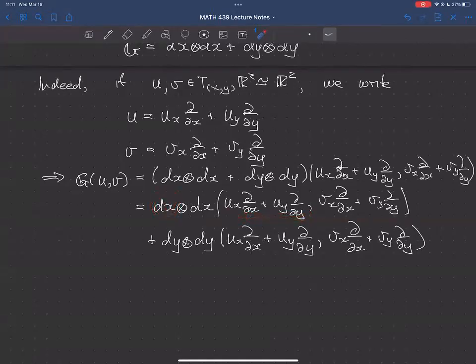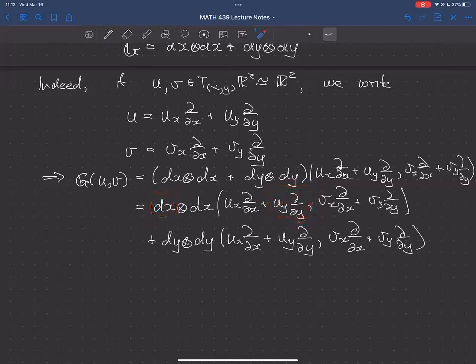What will dx be when I evaluate it on that? Exactly, because the basis dx, dy for the cotangent space is dual to the d by dx, d by dy basis, so when dx acts on d by dy, that's 0.